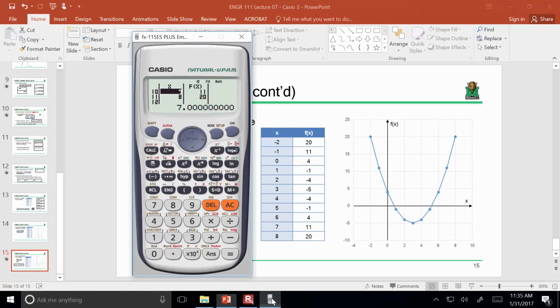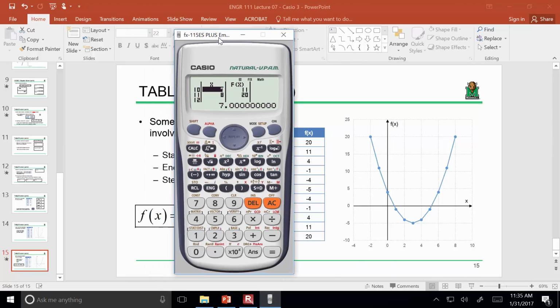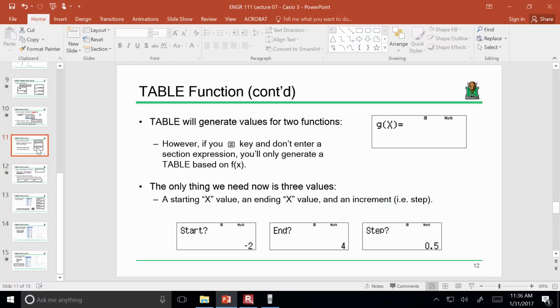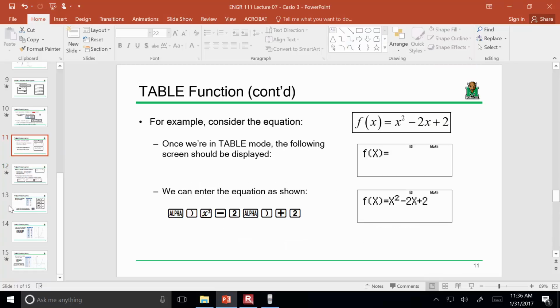Let's try that out. All right. A g of x. So this is our f of x, and for our g of x, let's use this formula. We'll let g of x be equal to x squared minus 2x plus 2.